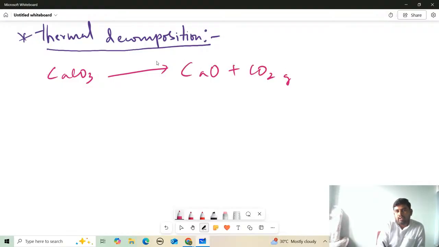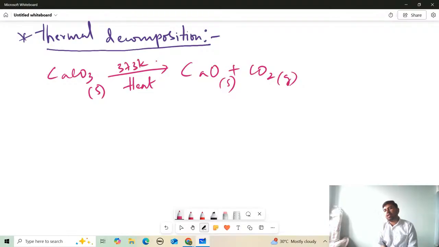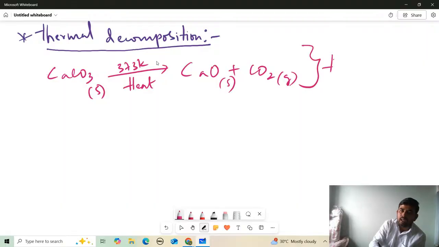This reaction is possible when we are supplying heat energy, at I think 373 Kelvin. So it forms calcium oxide and carbon dioxide. Here, heat energy is absorbed.